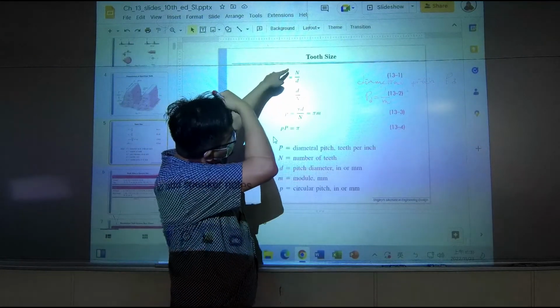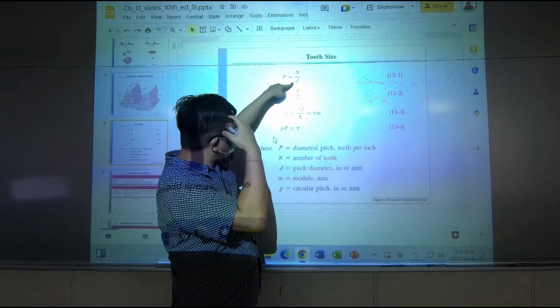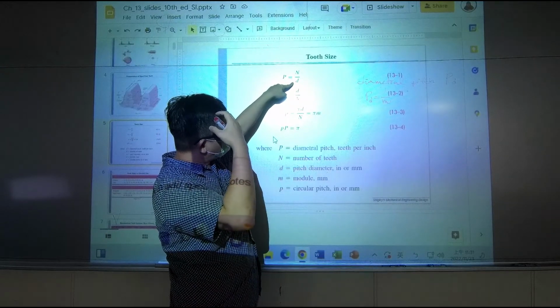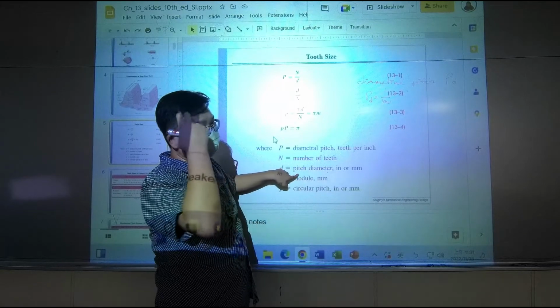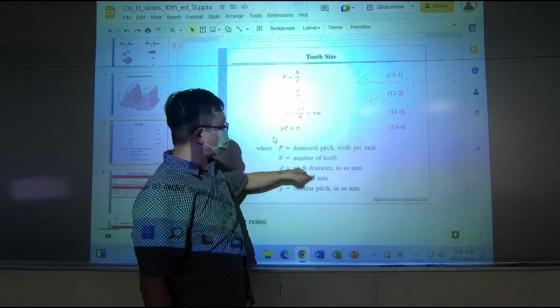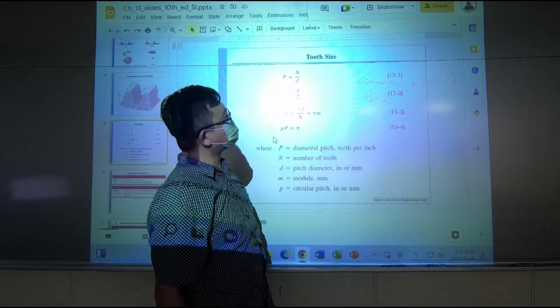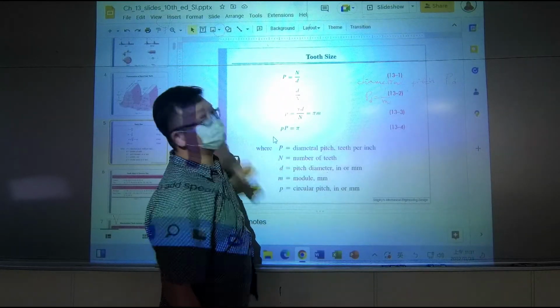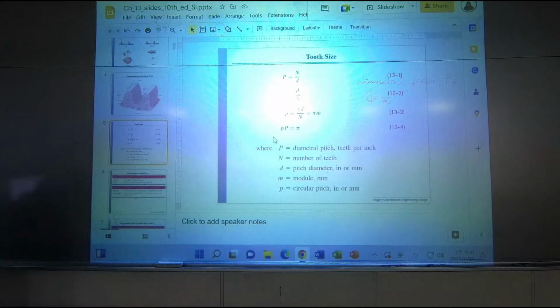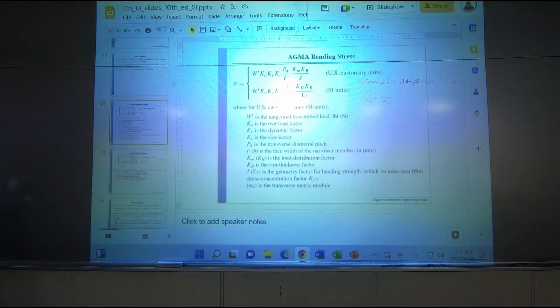Basically it is the number of teeth over the diameter of the pitch circle. D is the diameter of the pitch circle, or you can call it pitch diameter. Okay? And capital P is the inverse of module. So it's a parameter that we know when we design the gear.